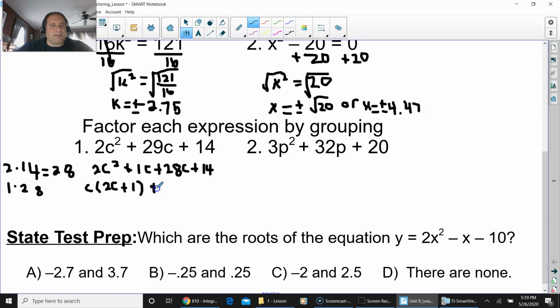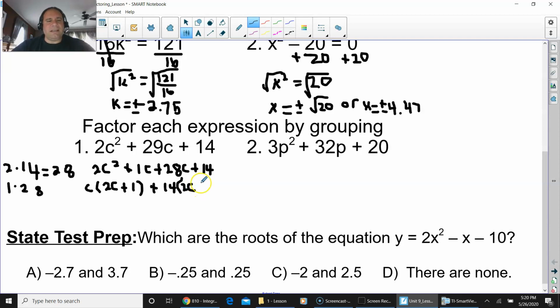I'm going to put a plus in the middle. And 28 and 14. Now I know a number is the greatest common factor. What number goes into both 28 and 14? Pretty easy, 14. That is it for the greatest common factor because only one of them has a C, right? So what times 14 equals 28C? Well, 2C.